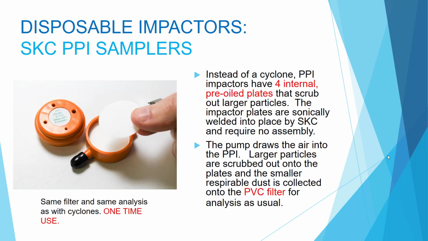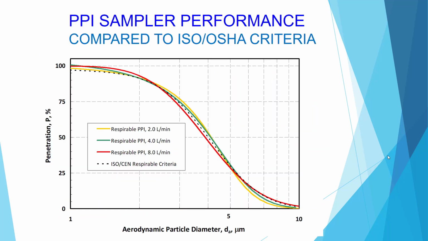Larger particles are scrubbed out onto the plates, and the smaller respirable dust is collected onto the PVC filter for analysis as usual. Same filter, same analysis as with cyclones. Here you can see the data that SKC sent to OSHA showing that the PPI samplers closely match the ISO 7708 standard specified in the OSHA final rule.